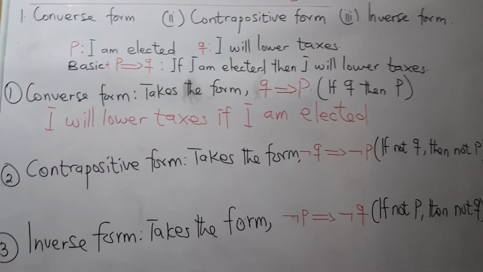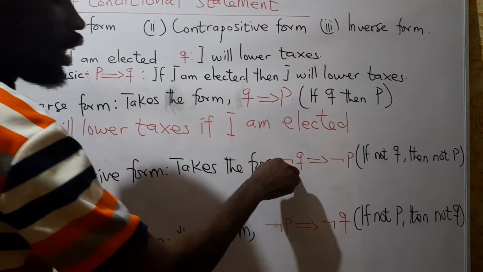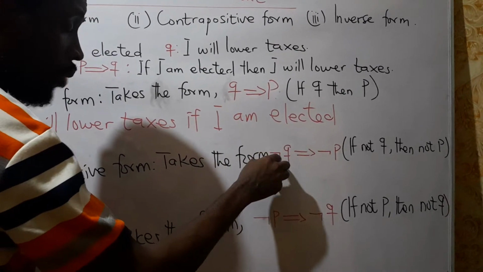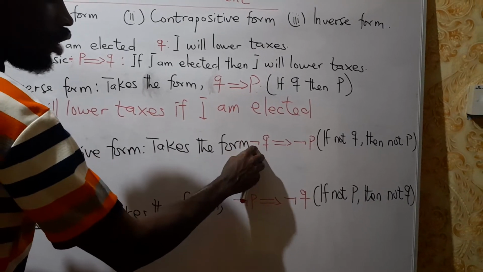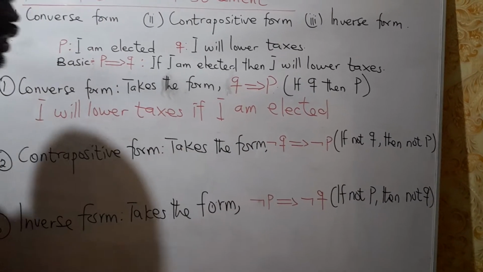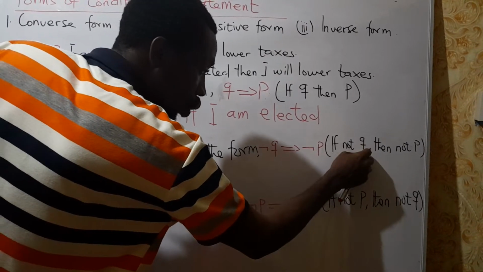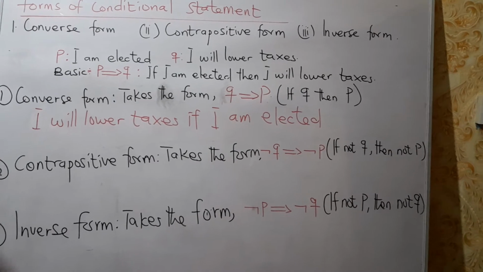Now let's look at the contrapositive form. Remember, it takes the form the negation of Q implies the negation of P. That's if not Q, then not P. So remember that.